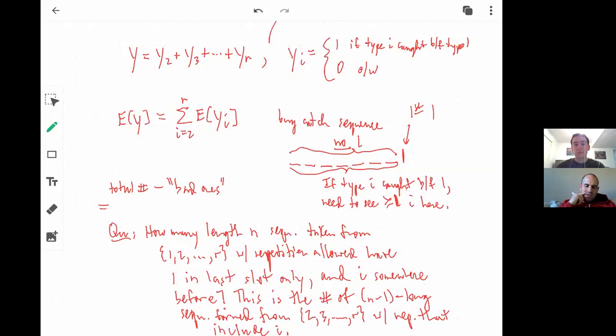So it seems to me you should just go R-1 raised to the n-1, R-1 to the n-1, minus what? Would it be R-2 to the n-1?